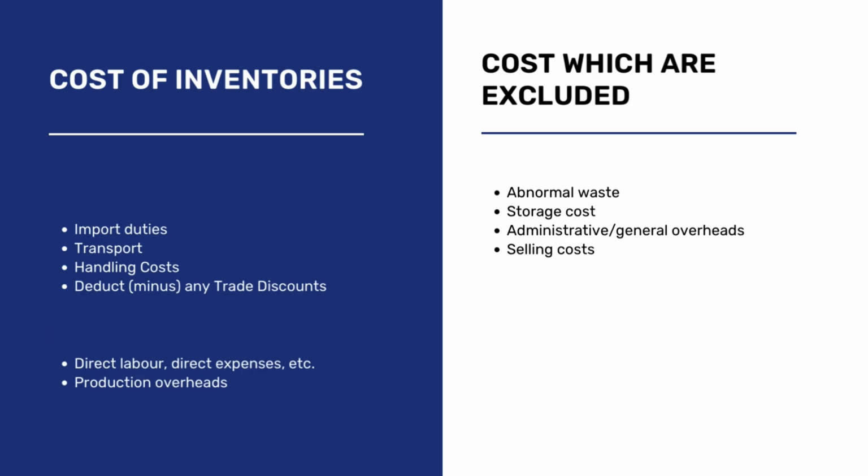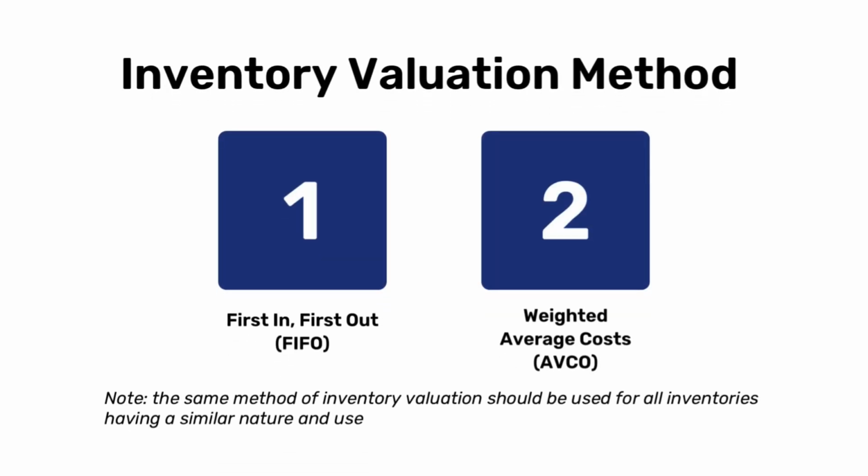Now, we all know that in IS2 there are two types of inventory valuation methods. Before, if you remember, there were three, right? There was FIFO, AVCO, and there was one more called LIFO, last in, first out, but it's no longer applicable under IS2 inventories. They only allow FIFO and weighted average cost, which is AVCO.